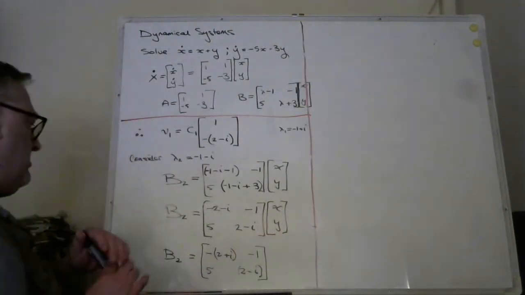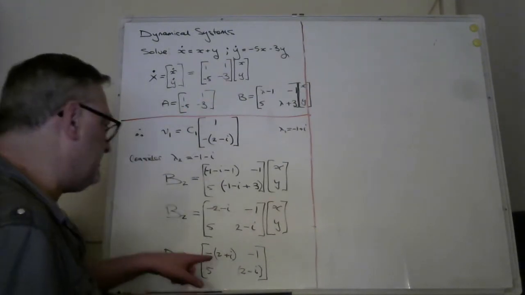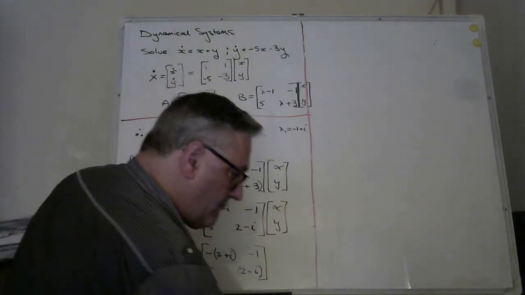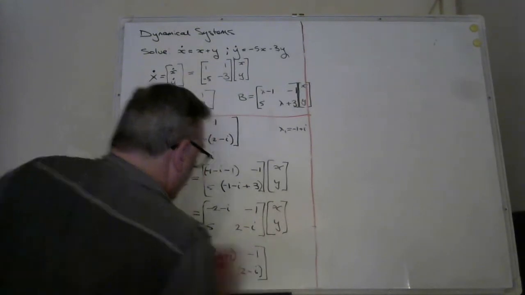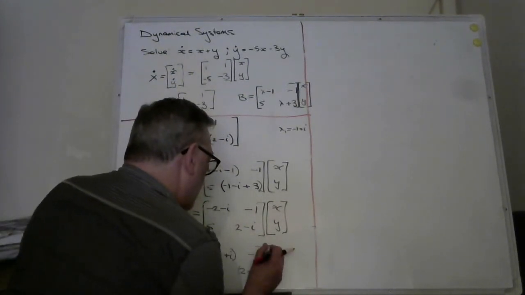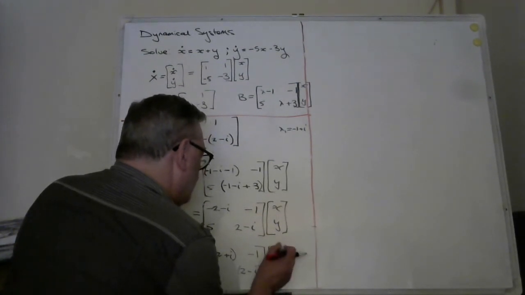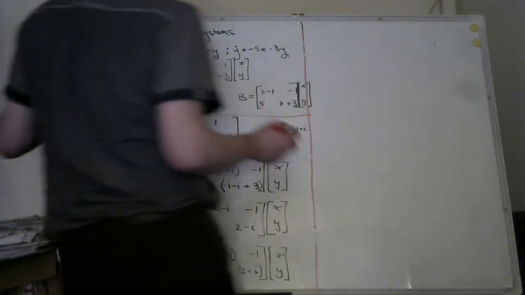Right, so we do pretty much the same as we did with B1. So we multiply this first entry by 5. So basically what we're going to do is we've got our x and y vector there. So I probably should write this down.